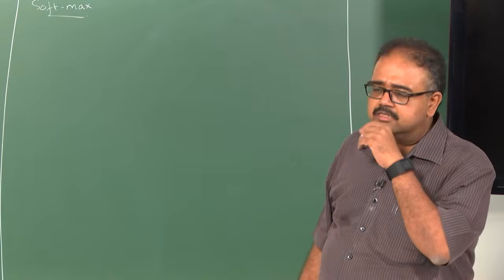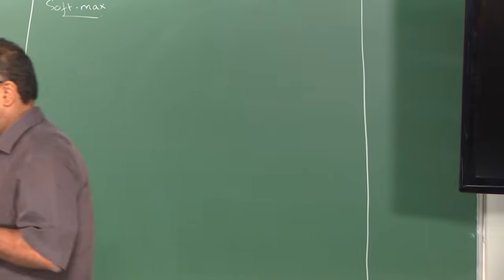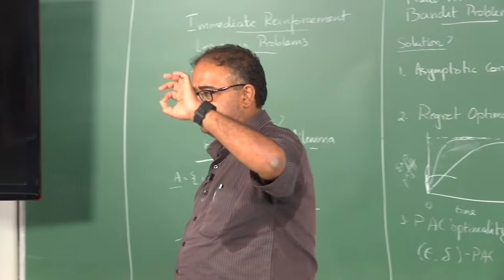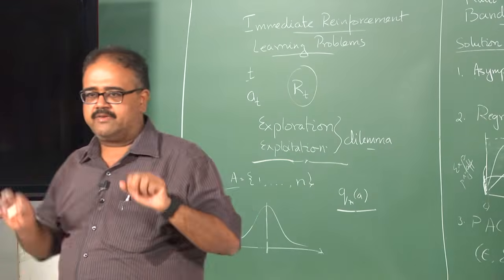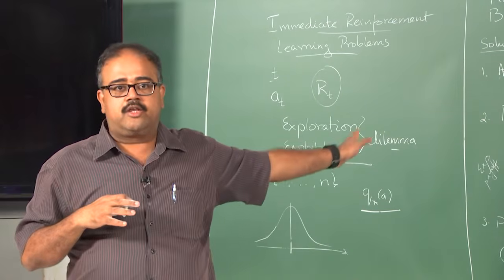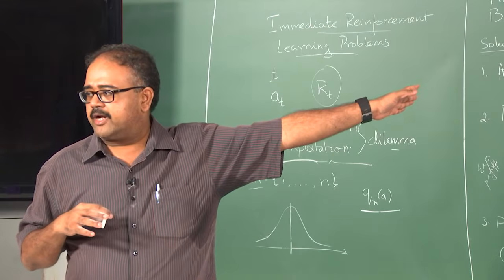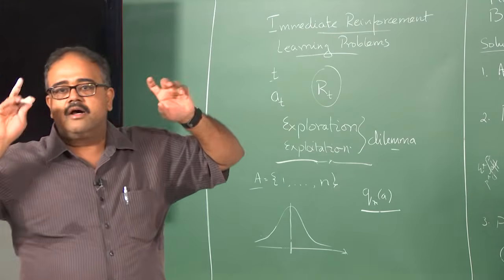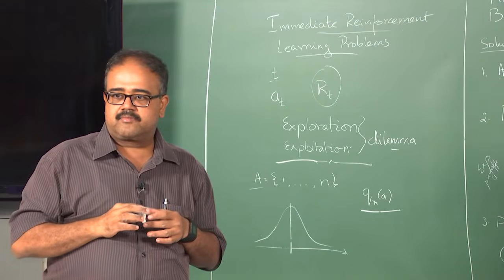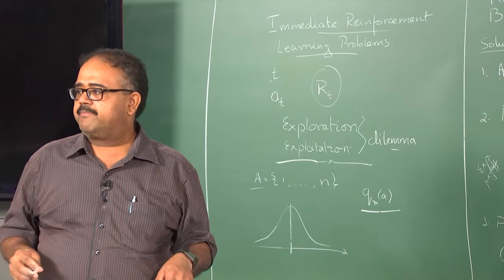If you think about the epsilon greedy, what you would notice is that I have the best action, best according to my current estimates. So whenever I say greedy or best, it is according to my current estimate. It's not Q stars. It's according to capital Q. Whenever I say greedy, it's according to capital Q. So the greedy action gets the bulk of the probability, and every other action has an equal probability of being picked in exploration.